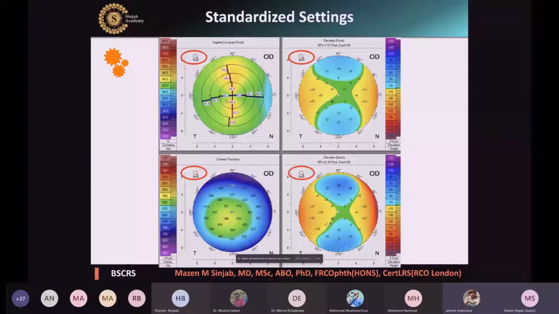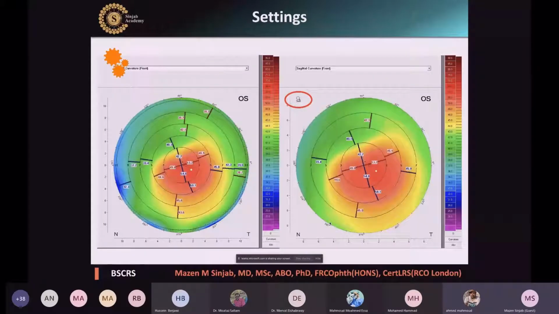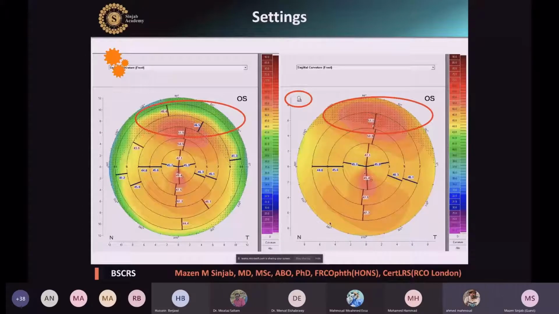So regarding the standardized settings, first, the display should be in 9 mm, not in 12 mm, as you see here. Why 9 mm? Because we need to know if there are any extrapolated data. If in the 9 mm display there are extrapolated data, such as black dots or missing areas, then we have to repeat the capture.